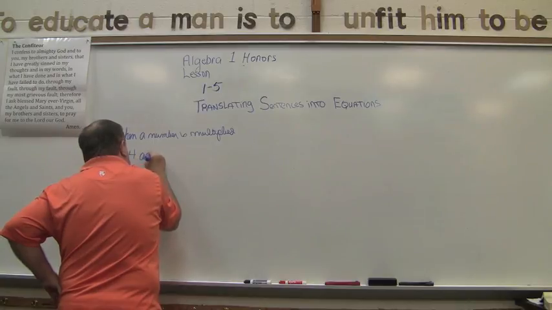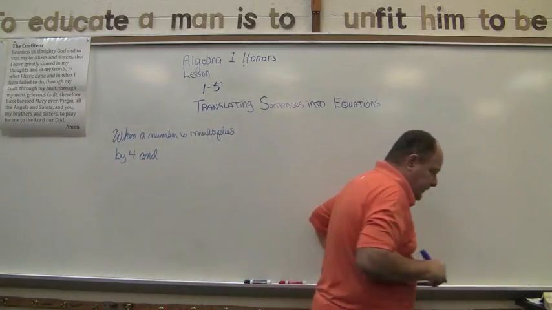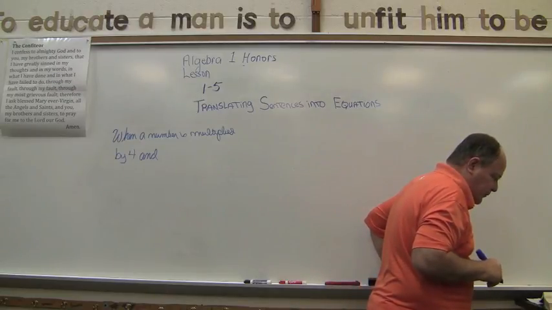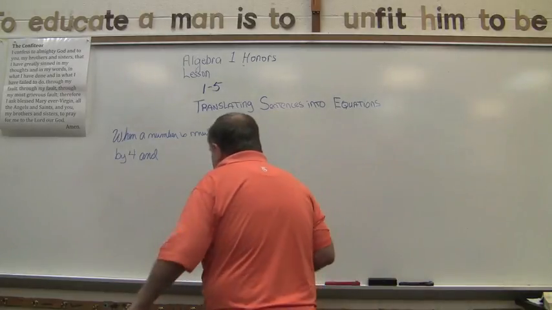When a number is multiplied by 4 and the result is decreased by 6, the final answer is 10.